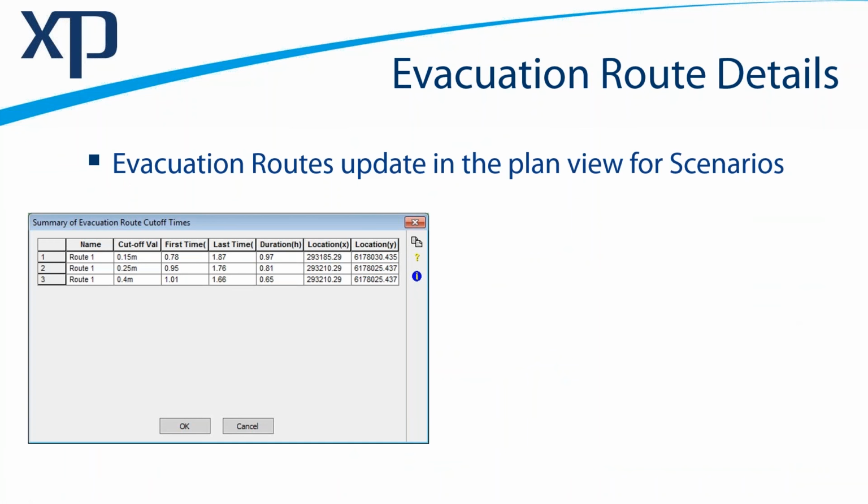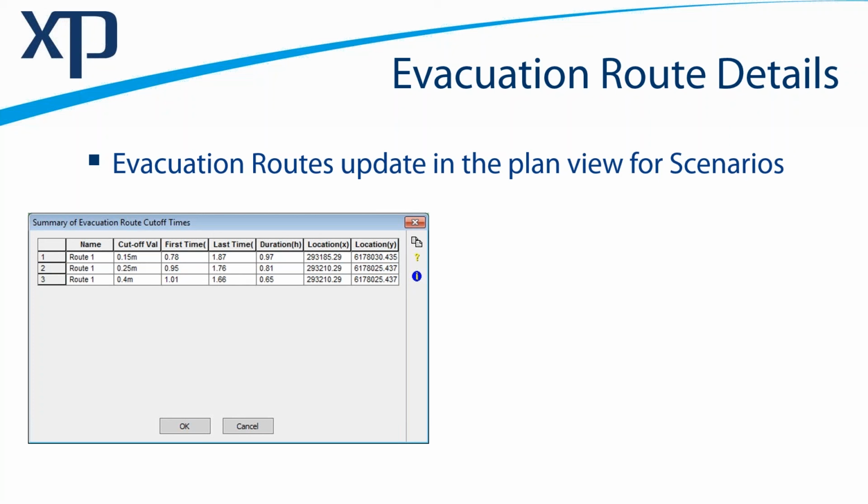Another feature in 2016 for 2D modeling is related to evacuation routes. The evacuation routes have a summary. For those of you unfamiliar with them, essentially they're a polyline that you draw, typically on a road or a pathway that people would use to evacuate a flood. It then reports graphically and in a table how long, where and when the route is first cut off.